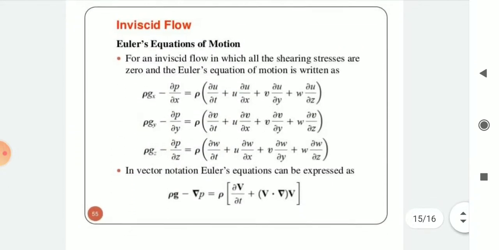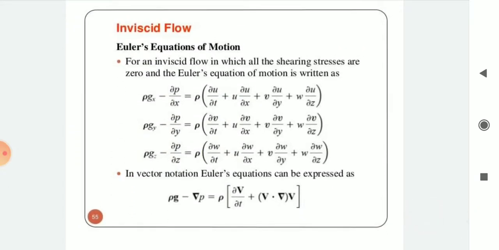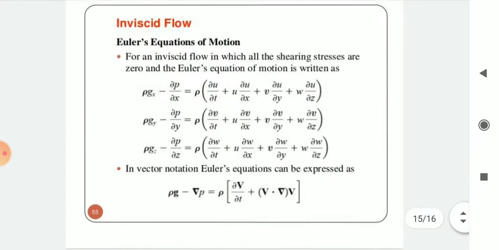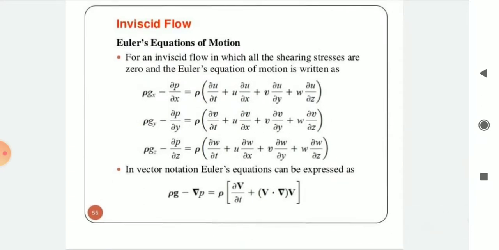So for inviscid flow, Euler's equation of motion we get, for an inviscid flow in which all the shearing stresses are 0, the Euler equation of motion is written as rho gx minus dp by dx equal to rho in bracket du by dt plus u into du by dx plus v into du by dy plus w into du by dz.